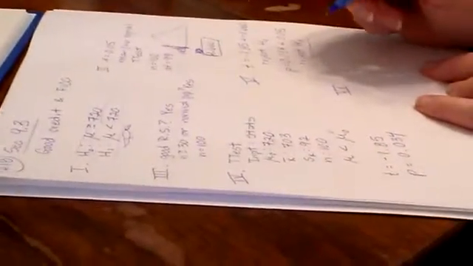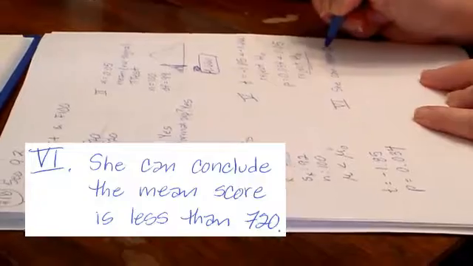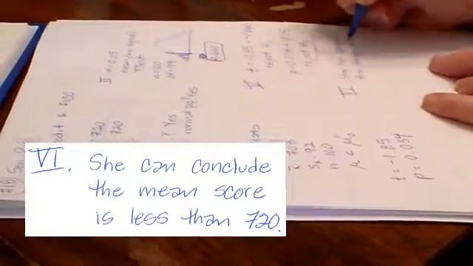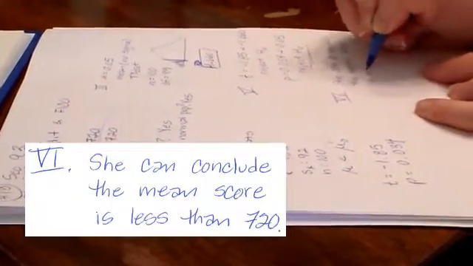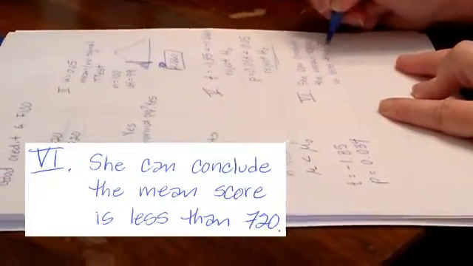And in step 6, I go back to the question, can the economist conclude the mean FICO score is less than 720? Yes. She can conclude the mean score is less than 720.